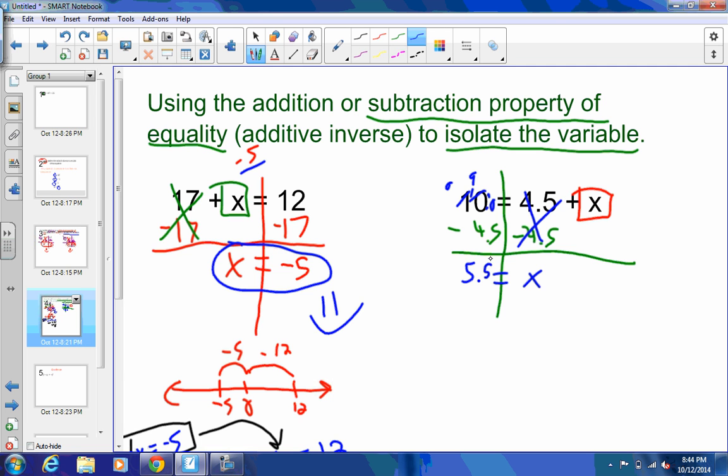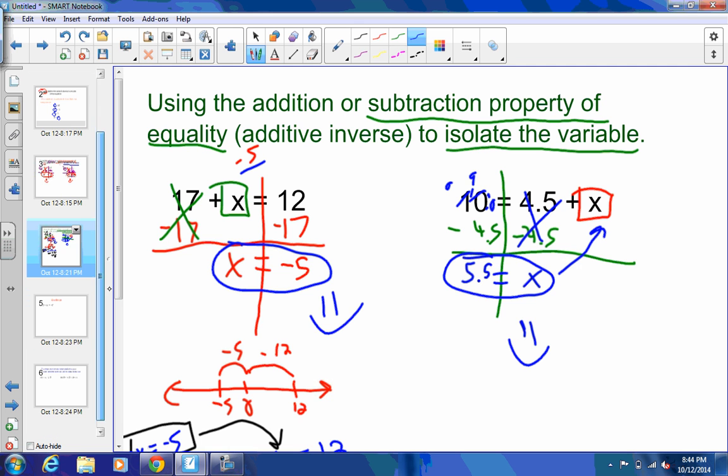Okay, 5.5 equals x, the x is isolated, so we are done. Big smiley face there. And again, you can check that. You can plug that in for your x, and you can say 4.5 plus 5.5 does equal 10, so we're good to go. That is just isolating the variable to solve for it.